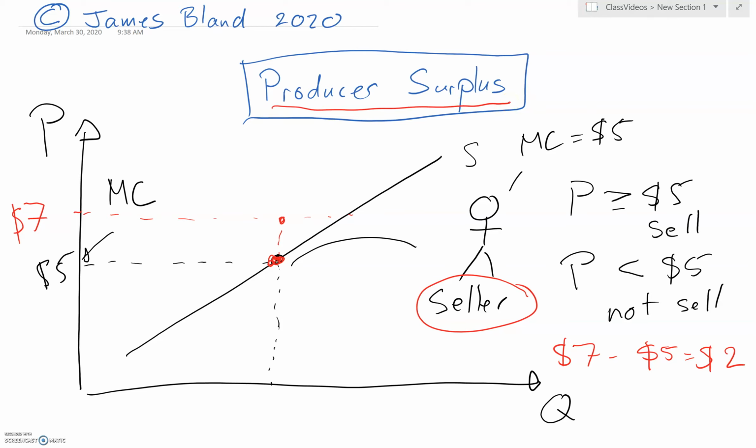Producer surplus is going to have a very similar interpretation to consumer surplus, where consumer surplus measures the total benefits that consumers get from participating in the market, and producer surplus is going to measure the net benefits that sellers get from participating in a market.